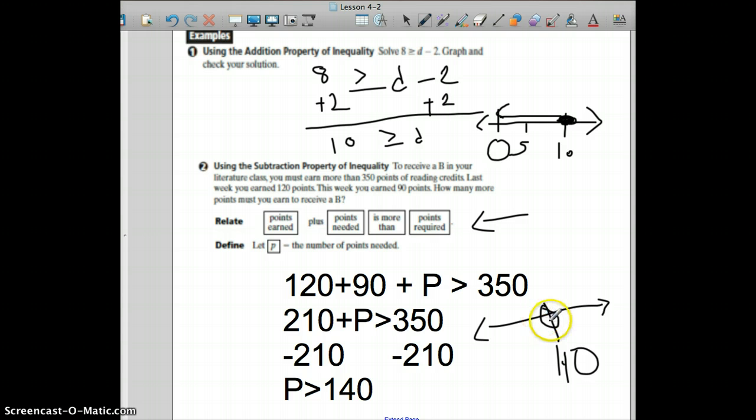It can't be equal to 140. That's why I have the open circle here, or greater. It could be 140.0001. It could be really close to that, but it can't equal 140 because that would give us something less than what we want.